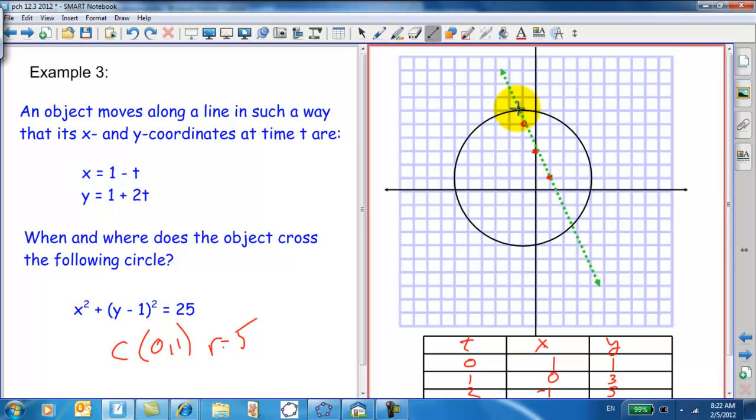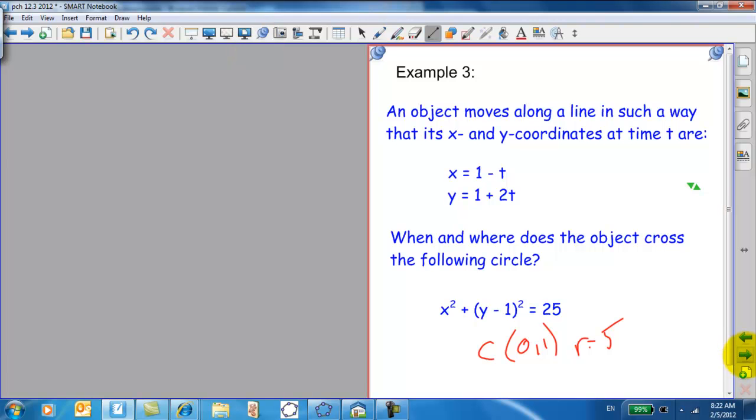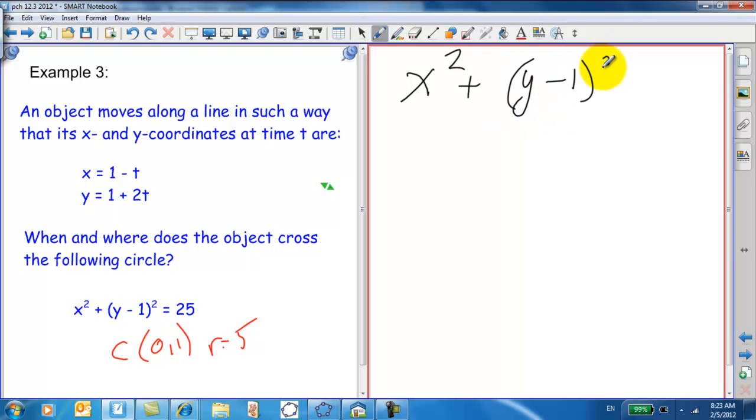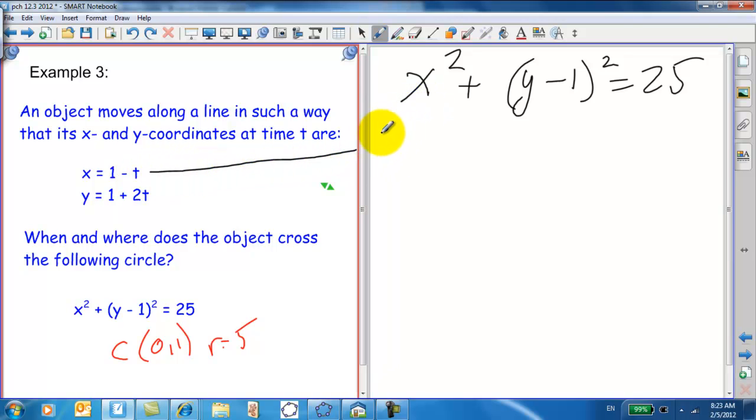So now let's get some workspace here to do this by hand. All you have to do is set up your original circle equation, and I'm going to substitute in for x and y using these parametrics. So the x, the 1 minus t, goes in for x there.